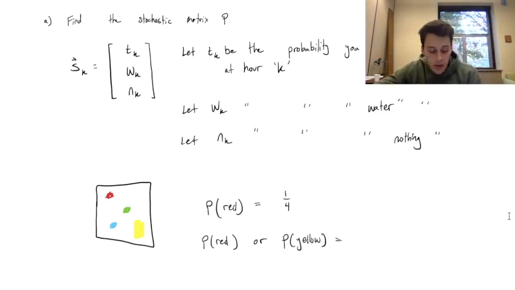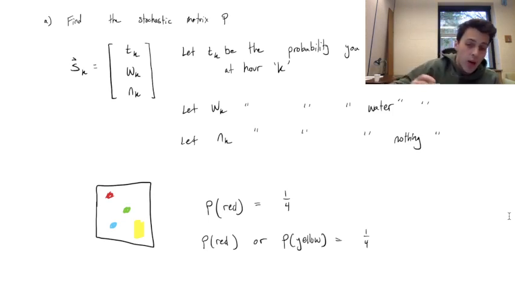So the probability of red is 1/4, and the probability of pulling yellow is also 1/4 if we put the red object back. So if I wanted the probability that it's red or yellow, you would do 1/4 plus 1/4, okay?